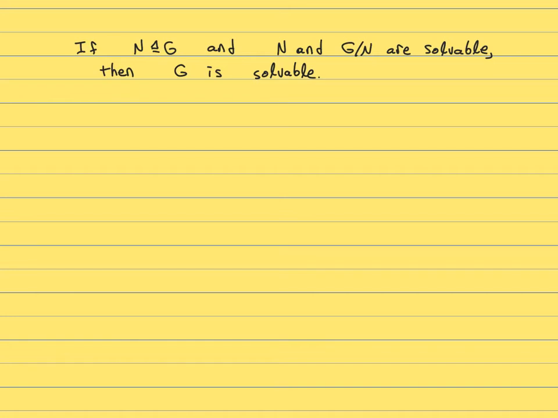This is often used for inductive proofs of solvability, and we use it for two of our major theorems. And the proof. Well, you look at the derived lengths.